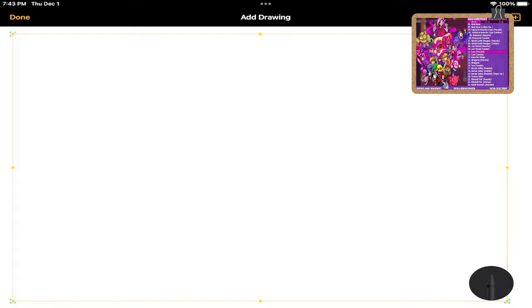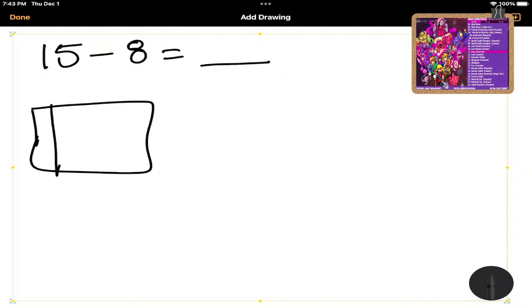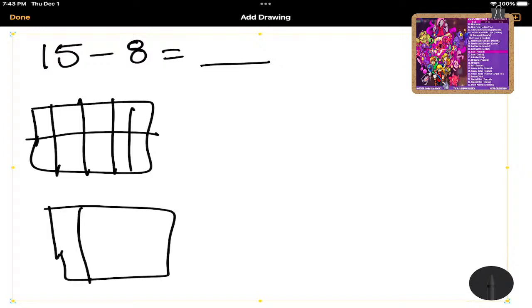So we can do 15 minus 8 equals blank. Alrighty, let's go.